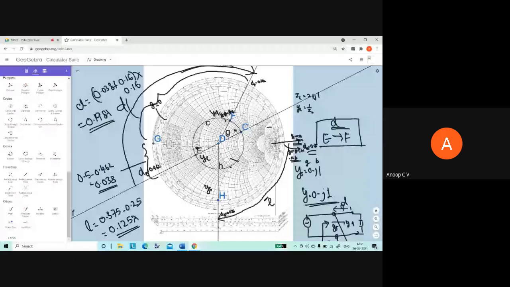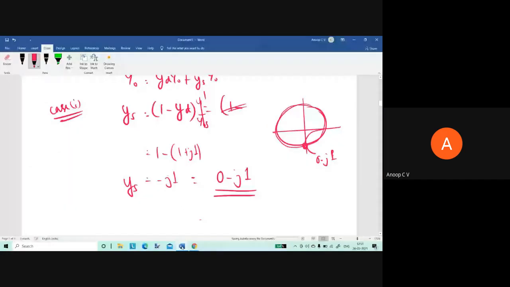So I'll write it down here. We found D is 0.198 lambda. So what is lambda? It is 50 centimeter.